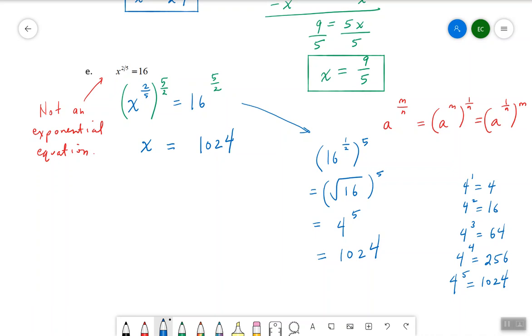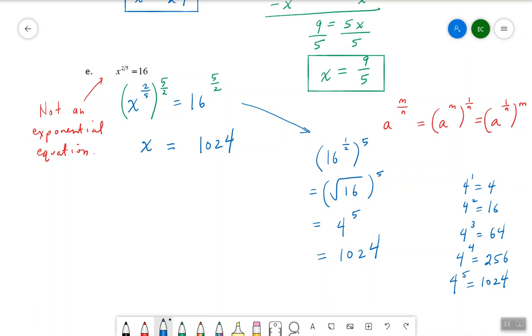However, it's not the only answer. There's a sneaky thing that happened here. When we took the 5/2 power, what did we really do? One of the things that we did is we took the square root. The 5/2 power is equivalent to a square root and then the 5th power.